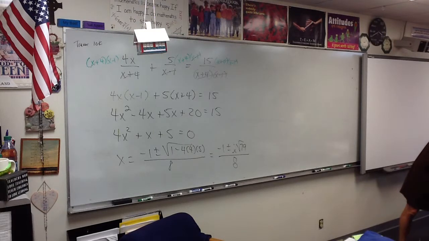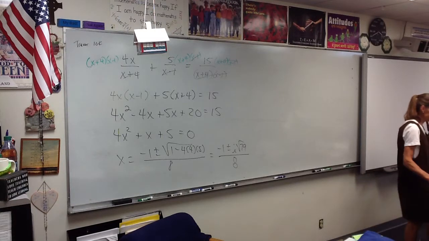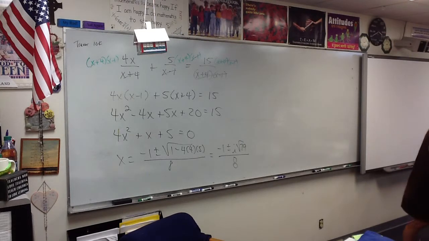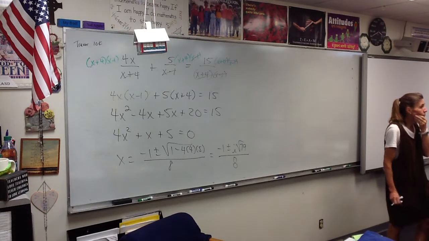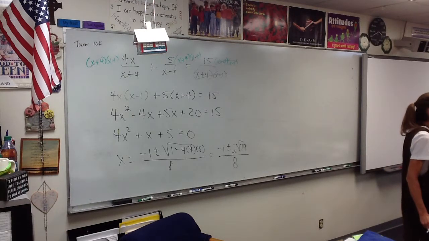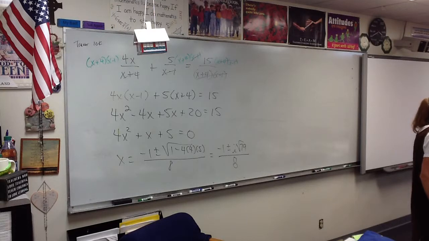Number 19. Okay, Lily, where am I crossing the x-axis in that picture? Yep. Am I crossing anywhere else? So there's one answer to the problem, and it is negative 5.